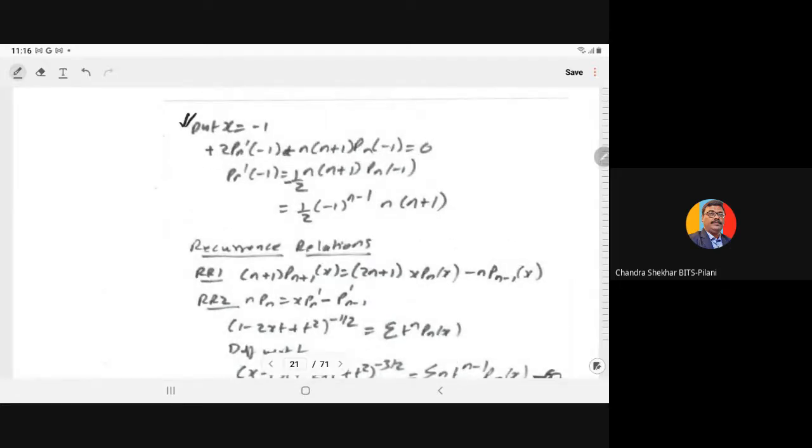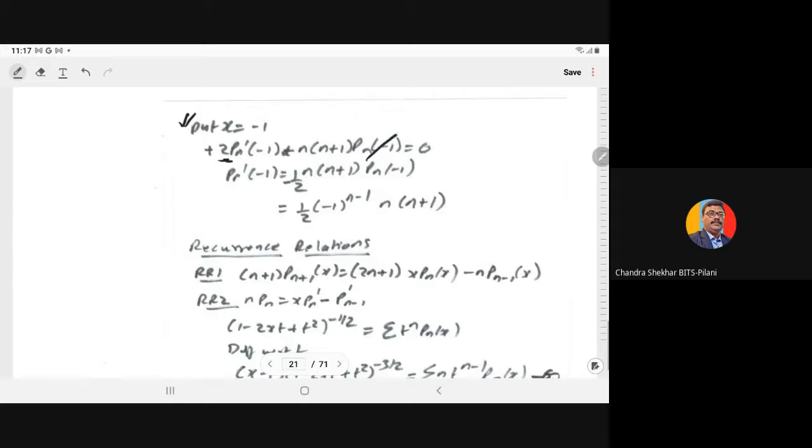In the original equation, if you put x is equal to minus 1, then x square minus 1 will become 0, and minus 2x will become plus 2x. So here we have 2 of Pn dash minus 1 plus n into n plus 1 Pn minus 1.